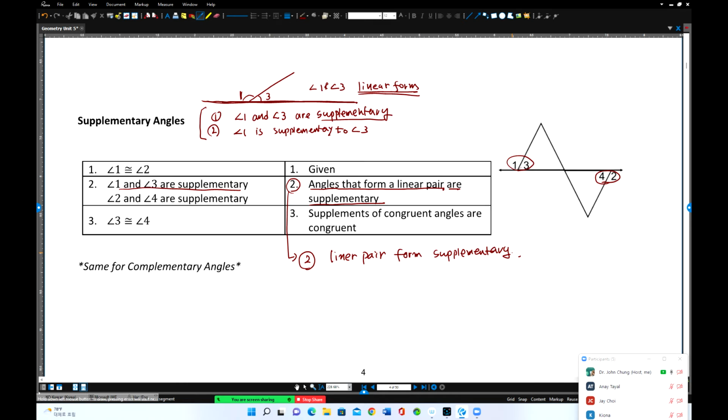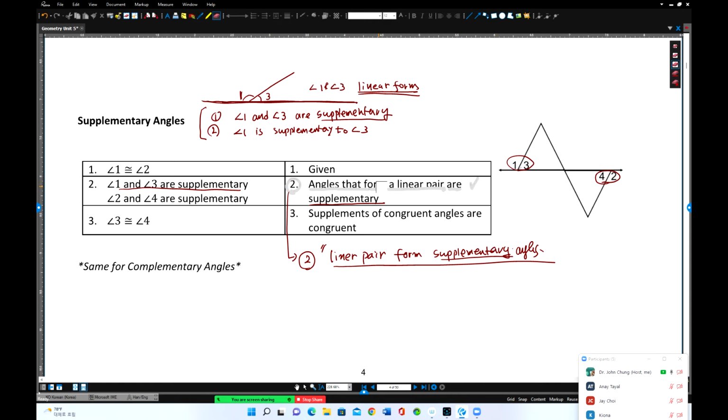This is fine too, just a simple wording: linear pair forms supplementary angles. That's why they are supplementary. It depends on the teachers in the school. Most teachers like this one simply, but the more detailed one is fine too.